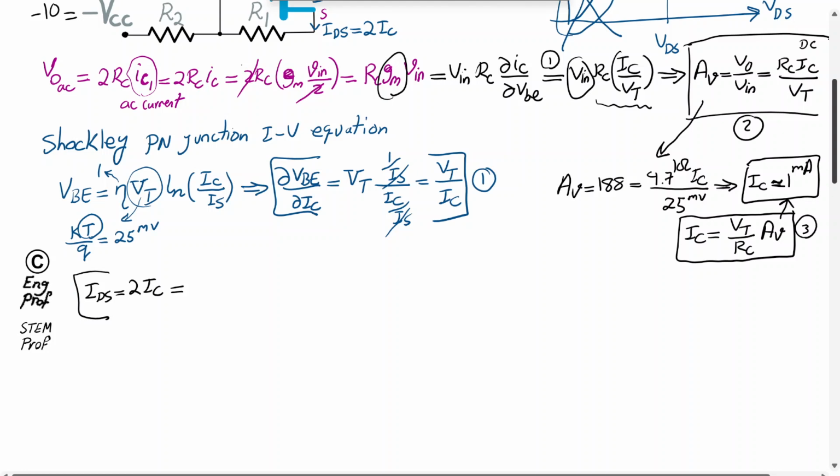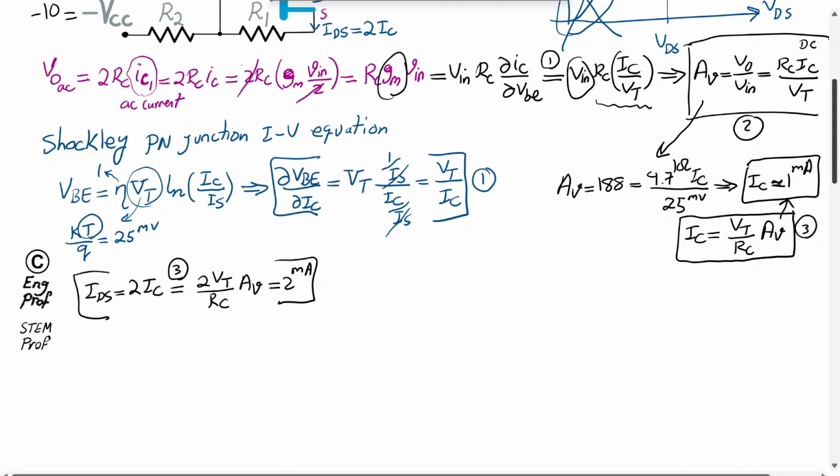Substituting for Ic from equation 3, we get 2 times Vt over Rc times Av is just IDS. Which means IDS is, of course, 2 milliamp. So we know that the DC current of the JFET is 2 milliamp.